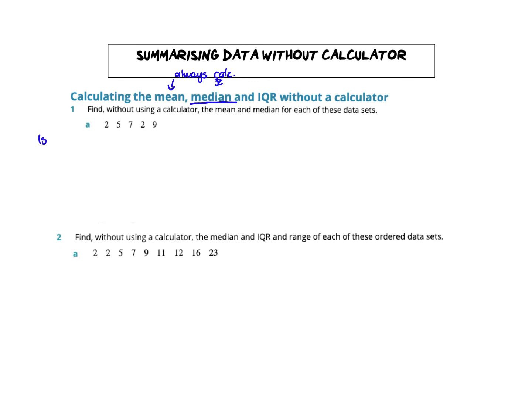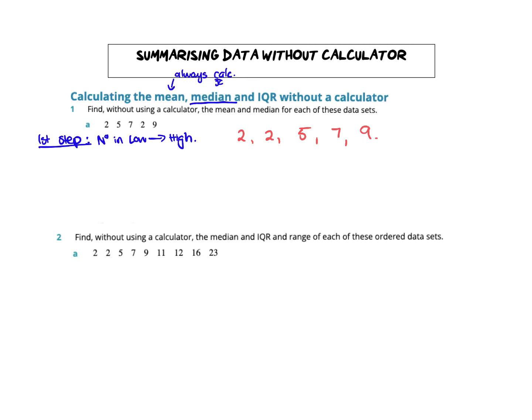The first step is that the numbers have to be in order, from lowest to highest. So if I put our example in order, it would be 2, 2, 5, 7, and 9.